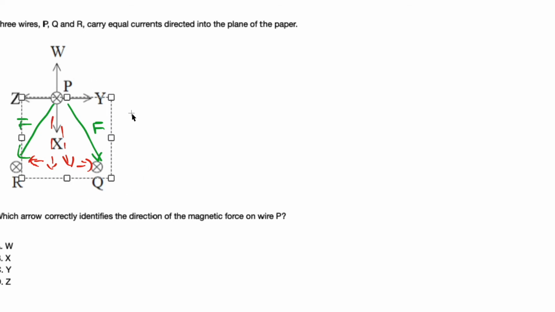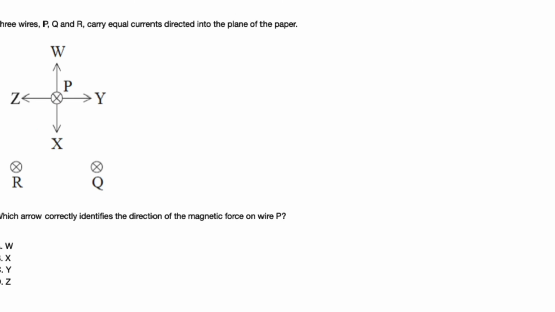Another way of solving this is by using right hand rule. So current is pointing into the page. So let me try to draw this. Current is into the page. So the magnetic field is gonna be something like this.